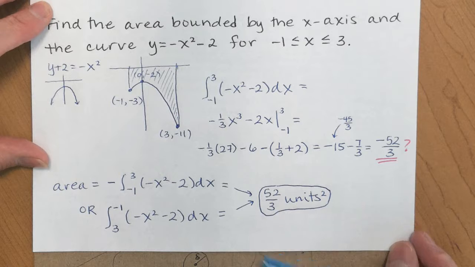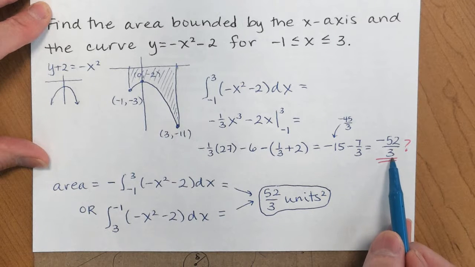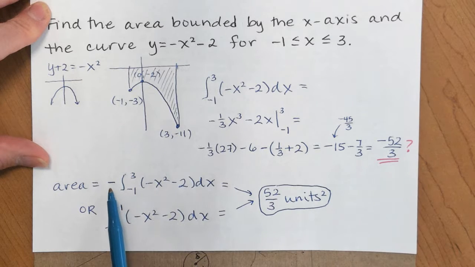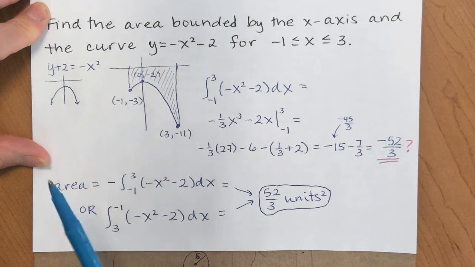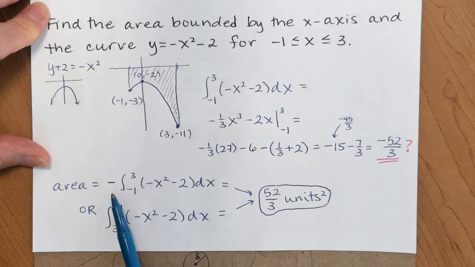Integrating over the x interval gives the negative of the area bounded by the curve and the x-axis. So the two things you can do are set up your integral with a negative sign in front of it to get the area, or switch the limits of integration so that instead of integrating from left to right, you integrate from right to left, which is the same thing as getting the negative of the original integral to find the area.